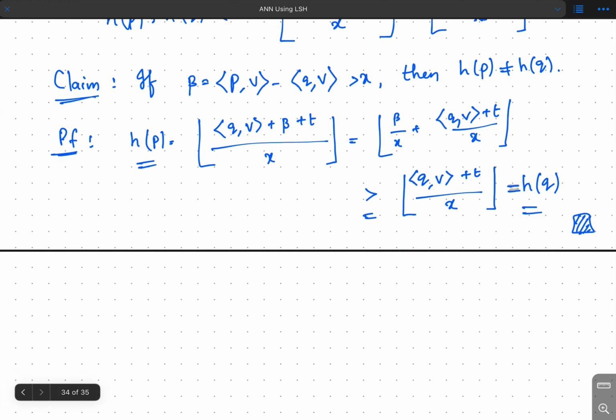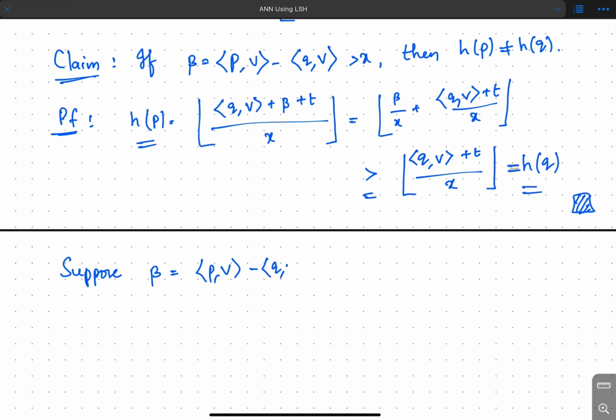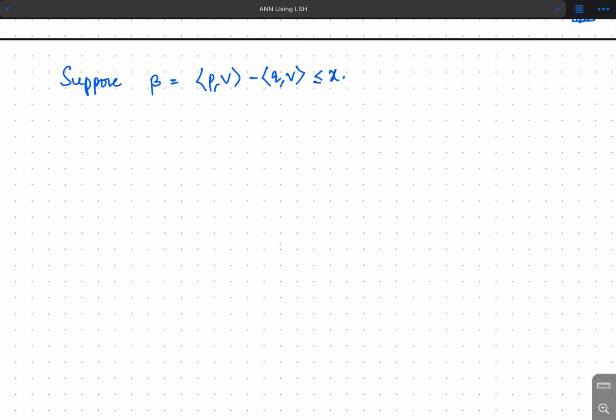So the only interesting case is when beta is less than or equal to x. Since we are dealing with ceilings, let's have the real line.